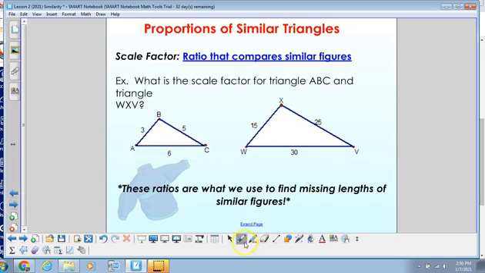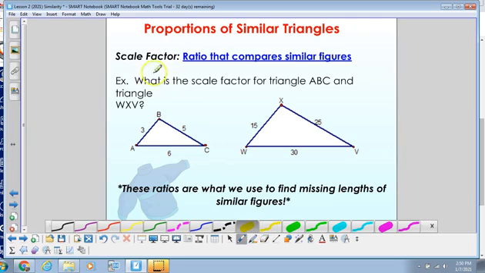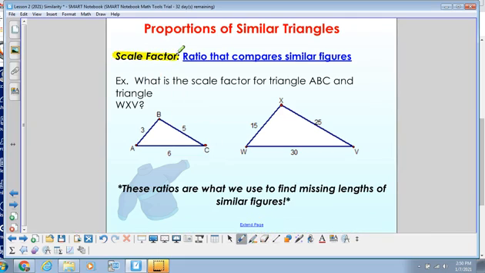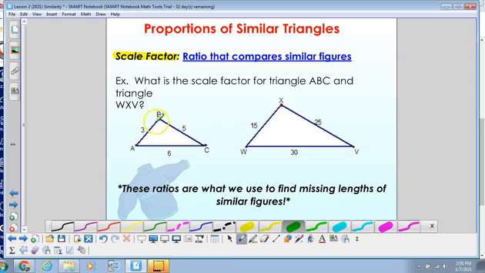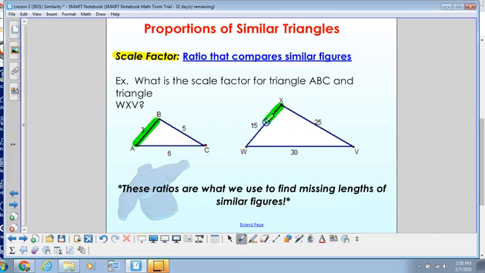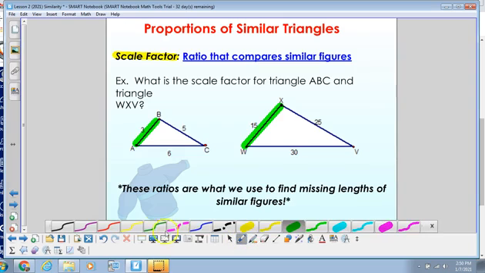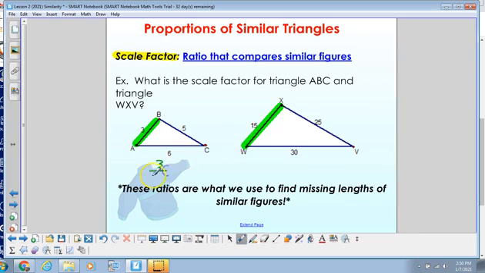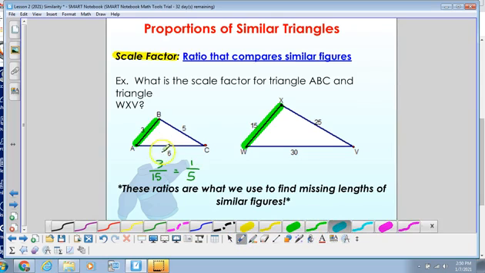Okay, now let's talk about the scale factor. Scale factor is the ratio that compares similar figures. So if we're asked about the scale factor between triangle ABC and triangle WXB, it's saying, let's match up the corresponding sides and reduce those fractions. So here, this one matches up with this one. So we can write that ratio AB over WX is 3 to 15. Now we can simplify that, and that becomes 1/5. Let's match up another set of corresponding parts.